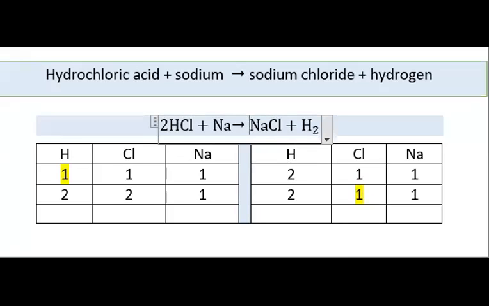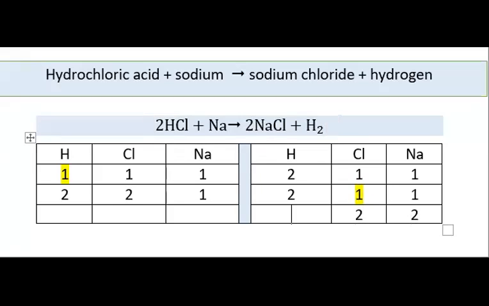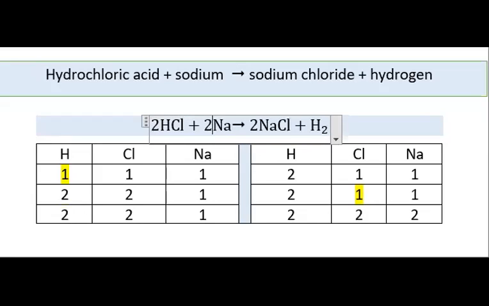I need to put a 2 in front of this, right? So in that case, sodium will become 2, chlorine will become 2, hydrogen becomes 2. But sodium on this side is still 1. And in order to bring sodium to a 2, I just put a 2 before sodium in the reactants, and I'll be able to change it. And now we are absolutely balanced.